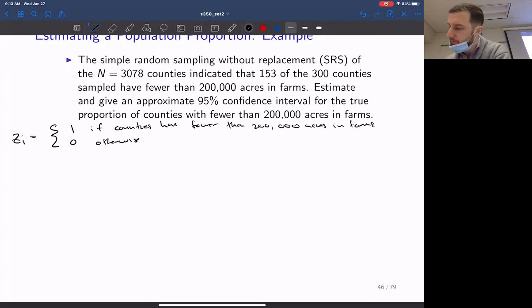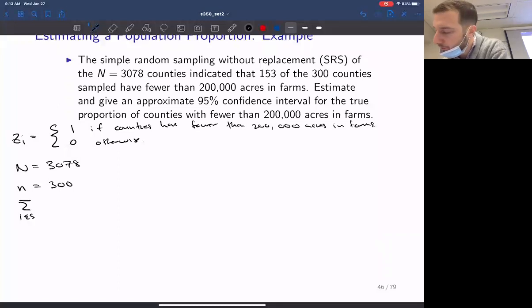Then what the question is telling us is our population size is 3,078, our sample size is 300, and the sum over all i in the sample of the zi is equal to 153.